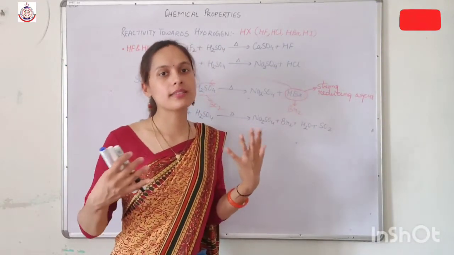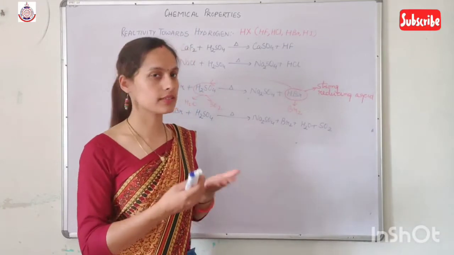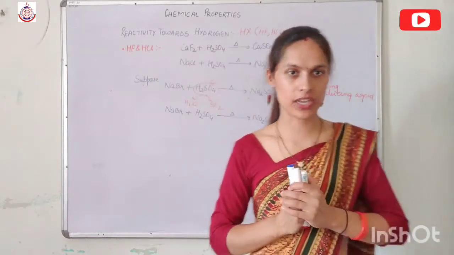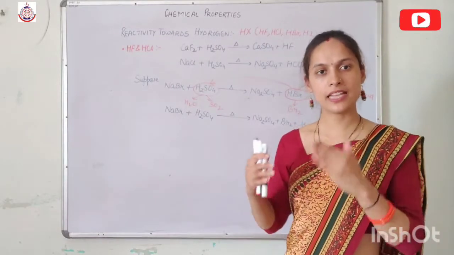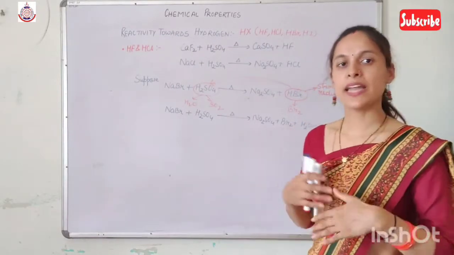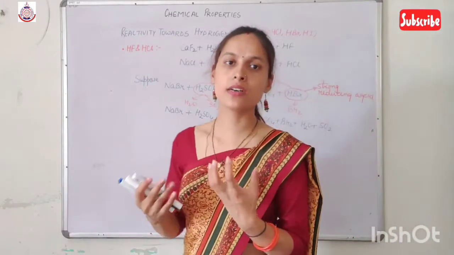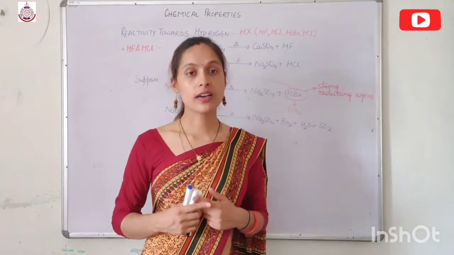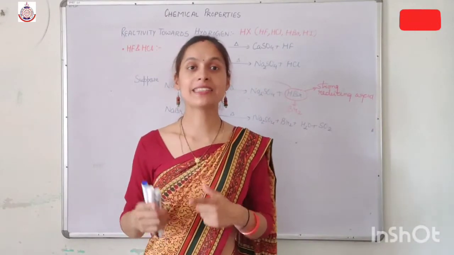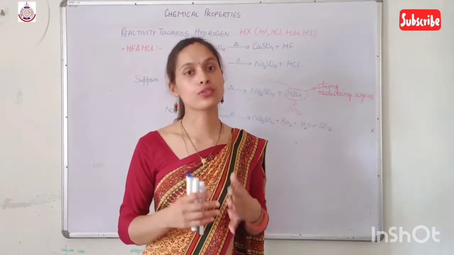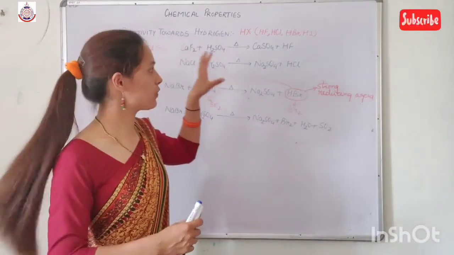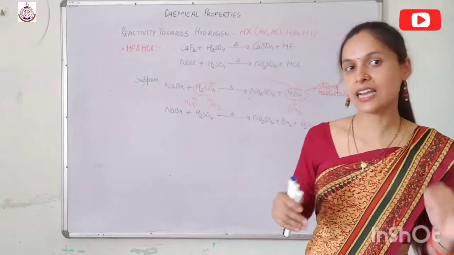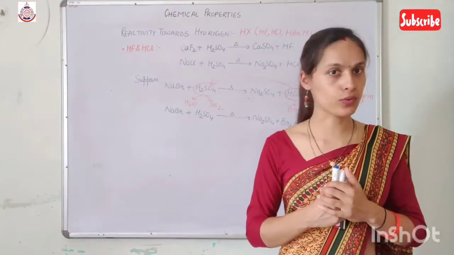Now what is the other method then? That is, how can we prepare HBr and HI? We prepare HI and HBr by heating the corresponding iodide and bromide with a non-oxidizing acid like phosphoric acid. So in place of H2SO4, I use any non-oxidizing acid like H3PO4, the phosphoric acid.